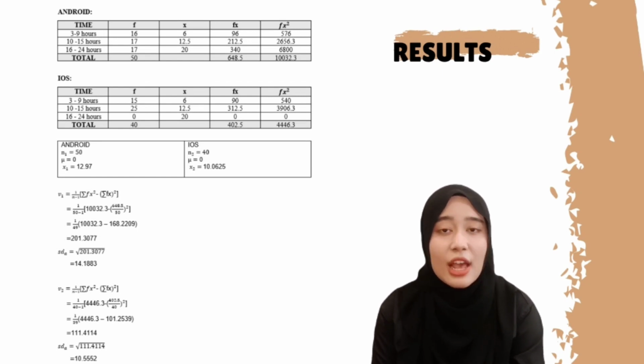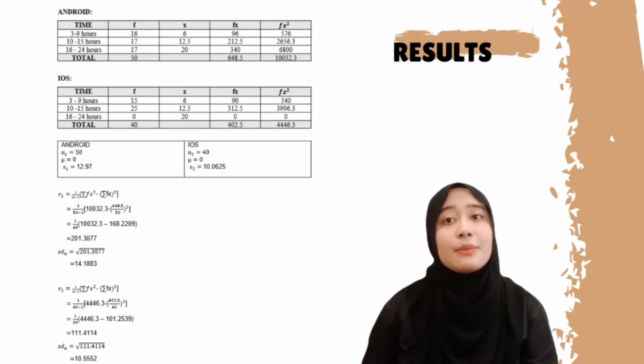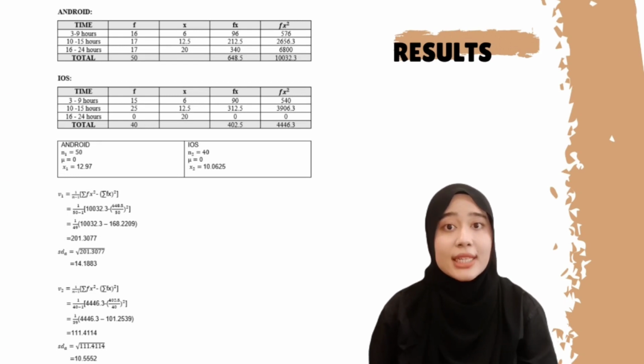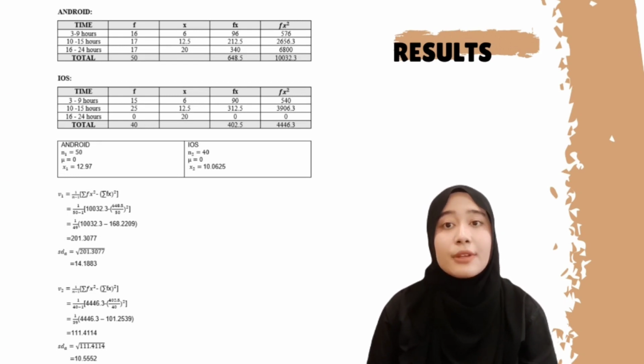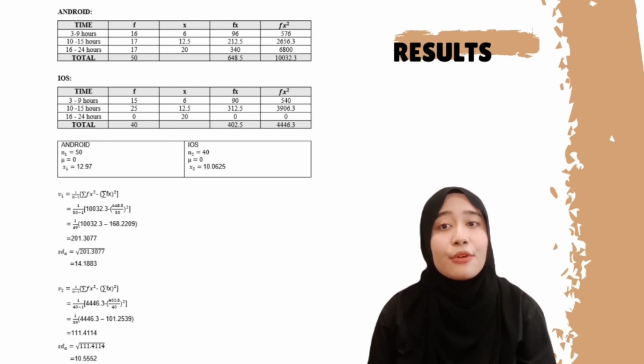For Android, 50 people use it. 16 people say that their battery life lasts for 3 to 9 hours. 17 people say that their phone batteries last for 10 to 15 hours. And the other 15 stated that their phone batteries can last for 16 to 24 hours.